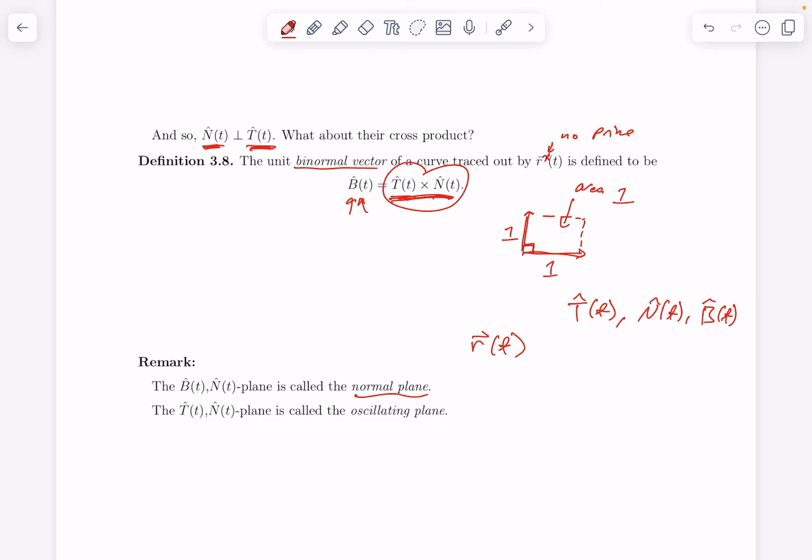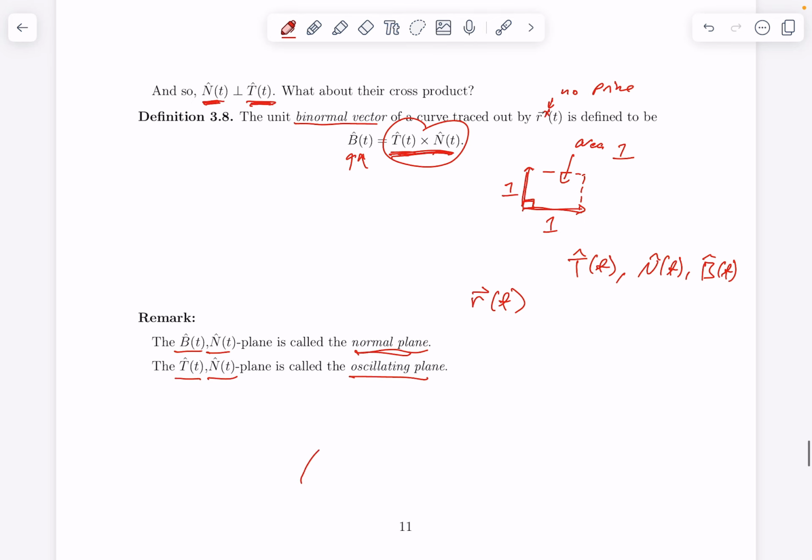They're all orthogonal to each other and unit vectors. It's its own coordinate system, an orthogonal coordinate system like the kind we're used to. The plane that contains the B vector and the N vector is called the normal plane. The plane that contains the tangent vector and the normal vector is called the osculating plane.